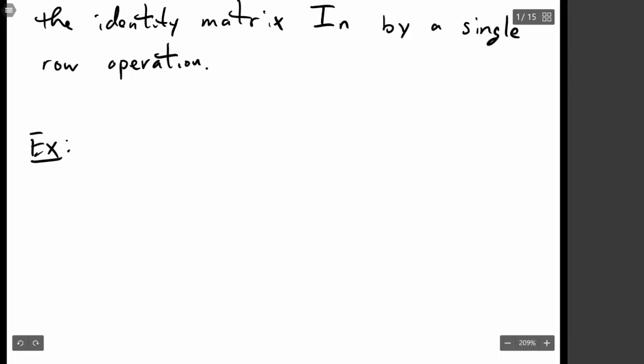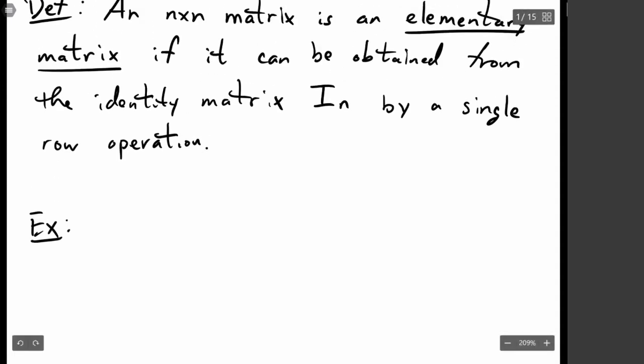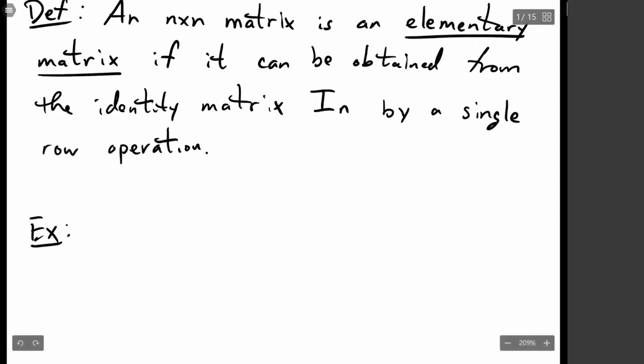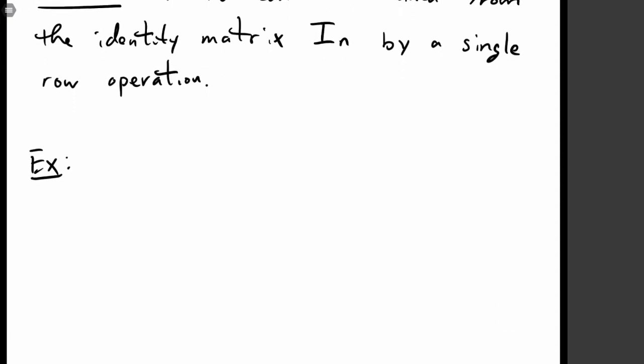Let's do 3 by 3 examples, and actually a couple of different sizes. But remember, to be an elementary matrix, it has to be a square matrix. So 2 by 2, 3 by 3, 4 by 4, and so on. Let's look at a few examples.